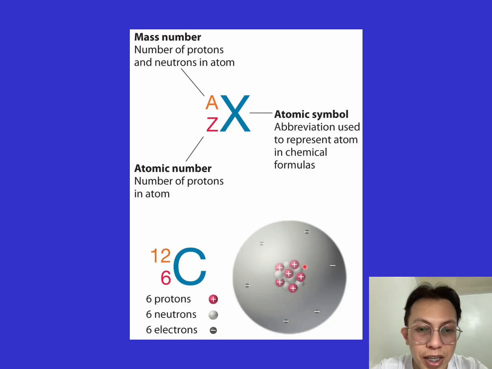So there are also 6. If we count them all together, that's 12. So that's the mass number. And if we count those particles outside the nucleus, which are actually the electrons: 1, 2, 3, 4, 5, 6, that's 6.